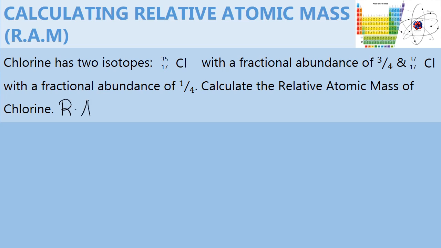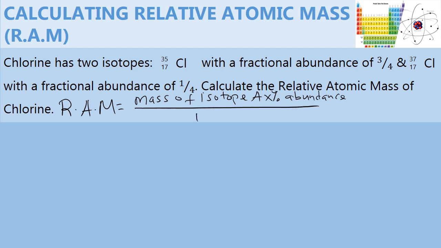Remember, the relative atomic mass is equal to the mass of isotope A multiplied by the percentage abundance divided by 100 plus the mass of isotope B times percentage abundance over 100, and so on and so forth.